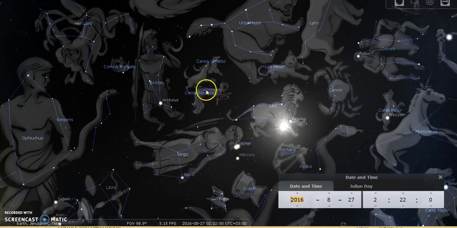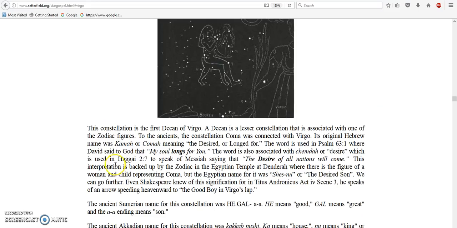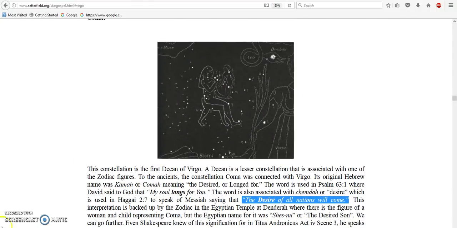And this took place right beneath the constellation Coma Berenices. And the word coma is the word desire. And it's the same word that's used in Haggai 2:7, where it says the desire of all nations will come. And so this is the constellation Coma Berenices.